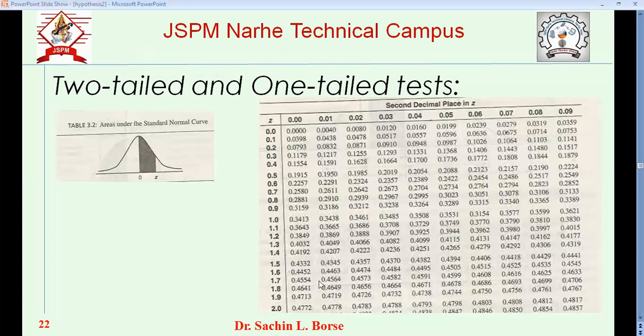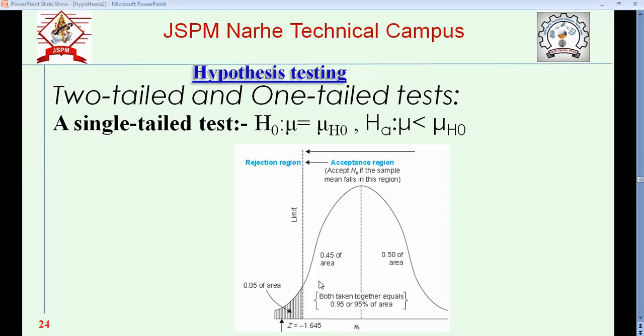Because our area, if you reduce from either side, on the right hand side what is the half area now? Half is 0.5, and this side it is 0.5.